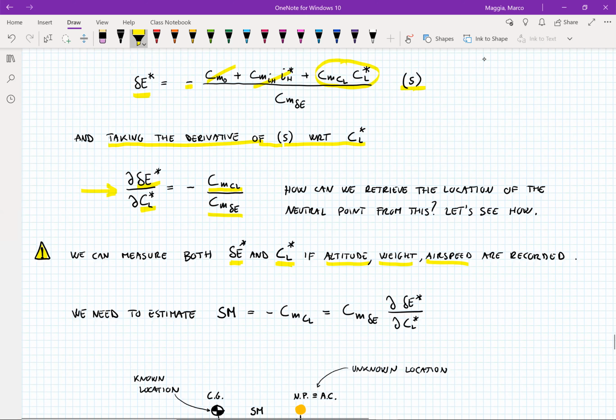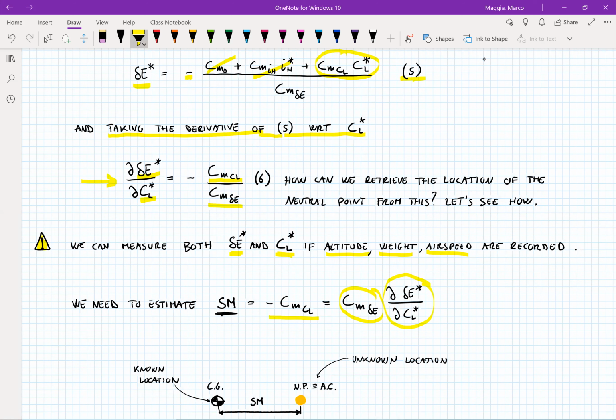And of course, from, let's call it equation 6 over here, we can find the stability margin or the position of the neutral point, because SM is equal to minus CM CL, which is going to be equal to CM delta E, which is usually known, times this slope, partial delta E star, partial CL star.